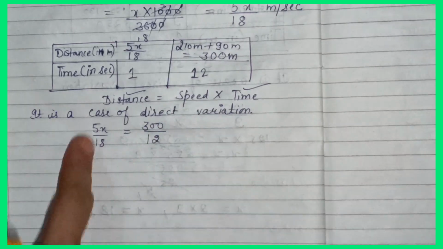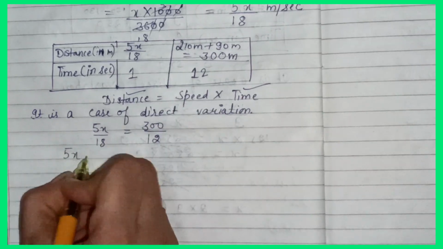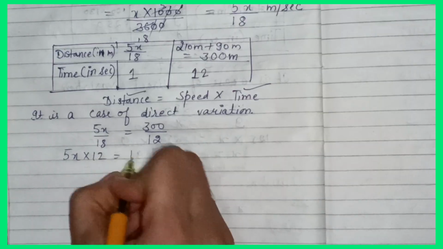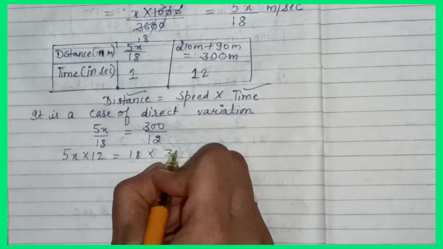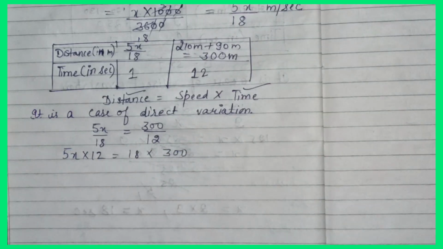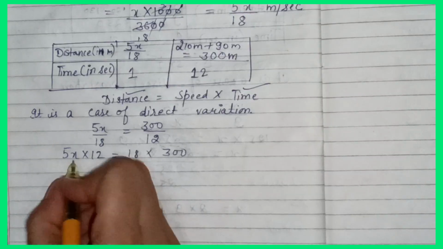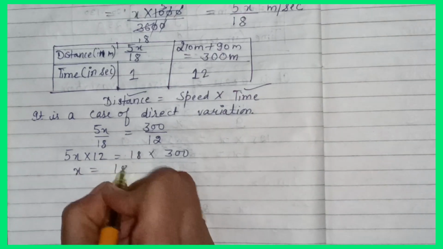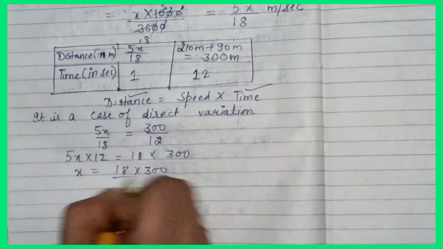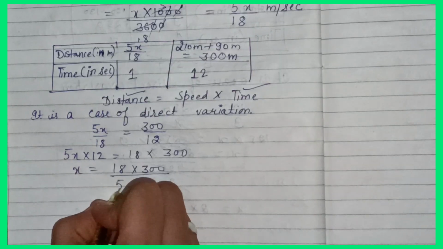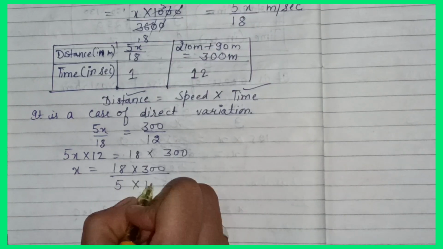Now by cross multiplying, 5x multiplied by 12 is equal to 18 multiplied by 300. From here x is equal to 18 multiplied by 300 upon 5 multiplied by 12.